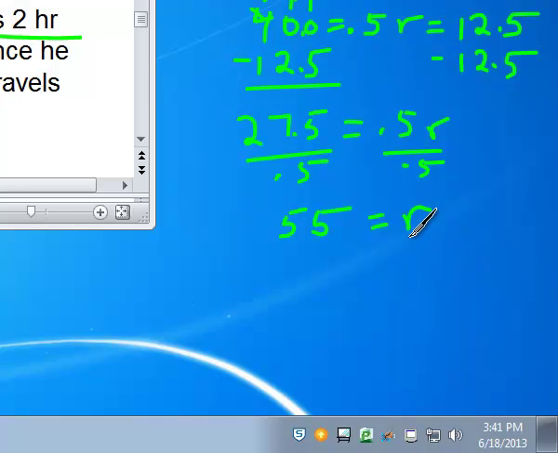All right, so if R equals 55, find their average rates. R is whose rate? Maria's, right? So Maria's is 55 miles per hour. And what about Eduardo?